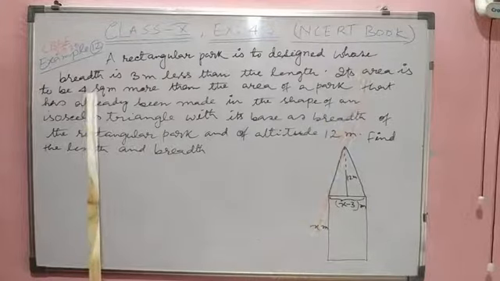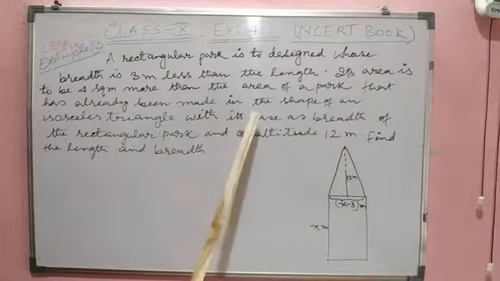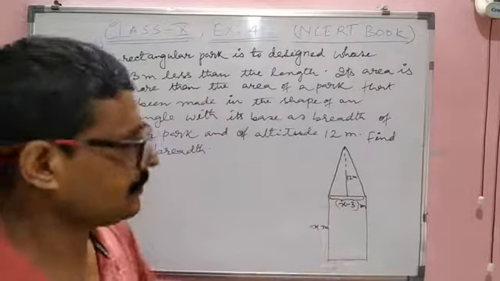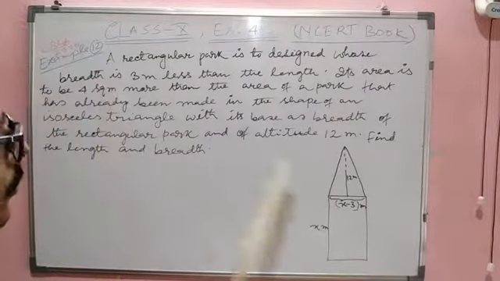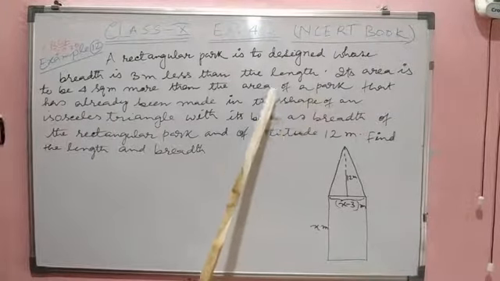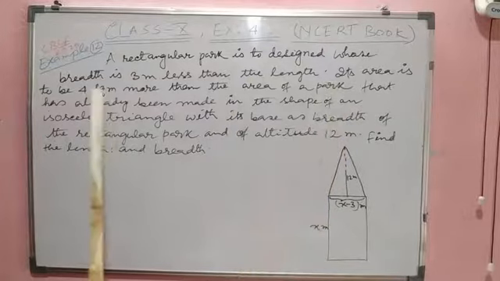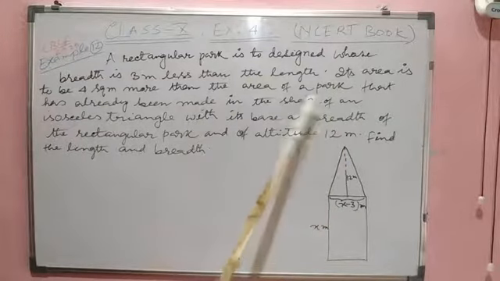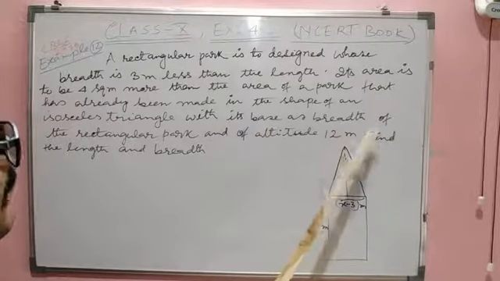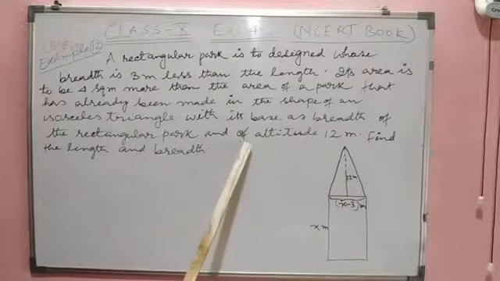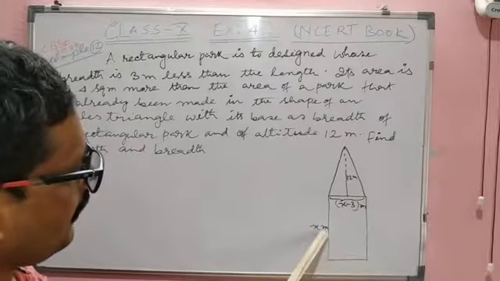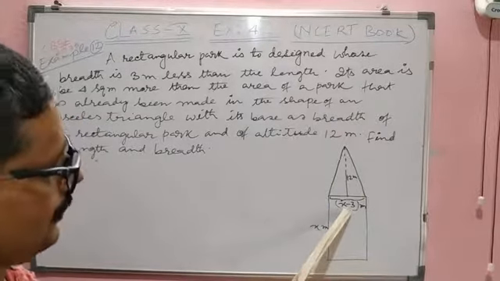Its area is 4 square meter more than the area of a park that has already been made in the shape of an isosceles triangle with its base as the breadth of the rectangular park and the altitude 12 meter. This is the rectangular park, length x, breadth x minus 3.